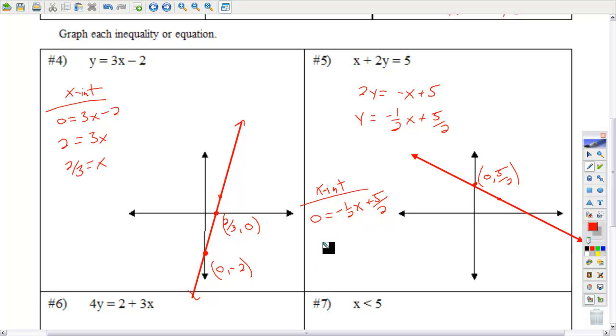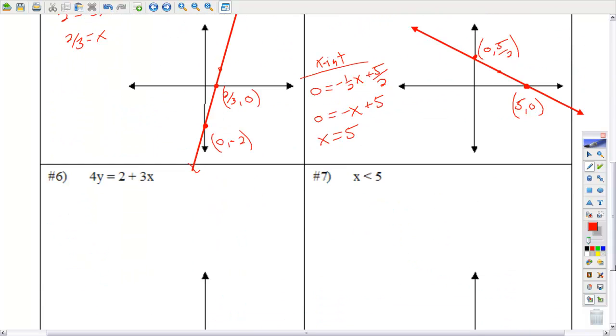Multiply each term by 2, and then we get 0 is negative x plus 5. If I add x to both sides, I get x equals 5. Equal sign, so it's a solid line.